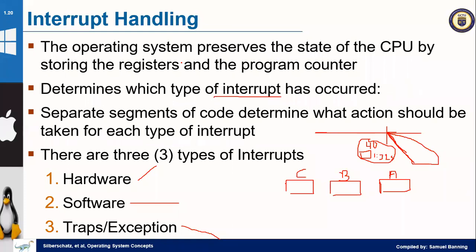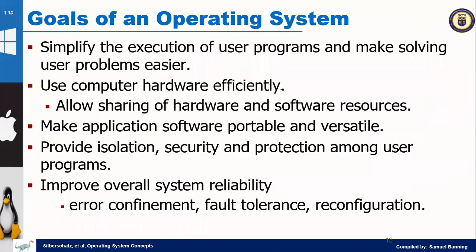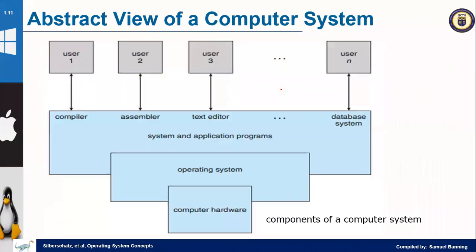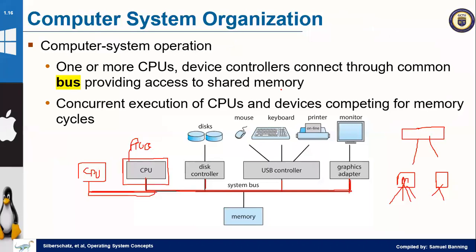So hardware devices are not connected to the CPU, right? If you remember from the beginning of this section, I showed you the device controllers. Let me take you back to that diagram. Maybe it will help you understand it better. If you look at this diagram here, these are controllers.